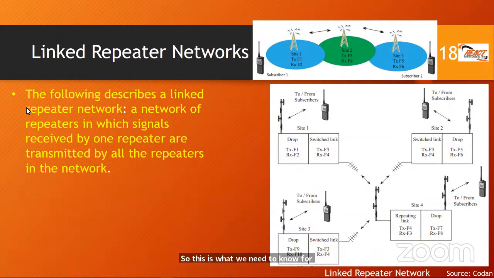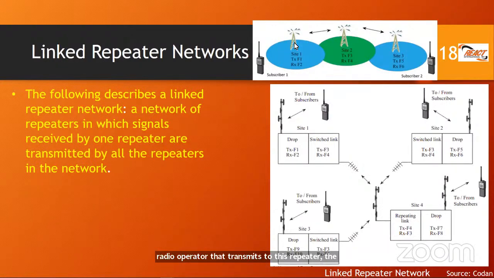The following describes a linked repeater network: a network of repeaters in which signals received by one repeater are transmitted by all the repeaters in the network, right? So if we have one site here, and a radio operator transmits to this repeater, it will of course retransmit it to a wide area for all operators to hear.